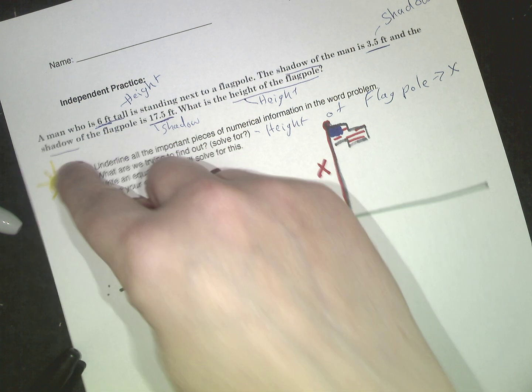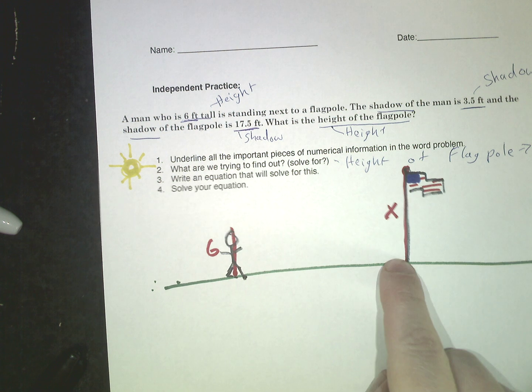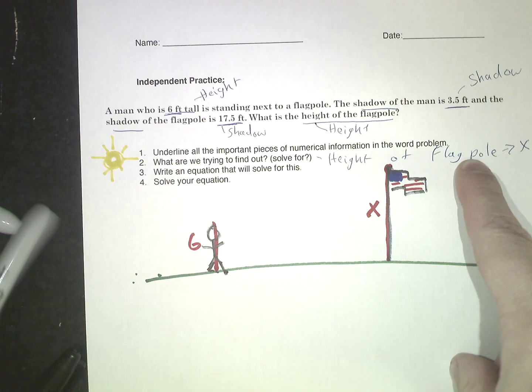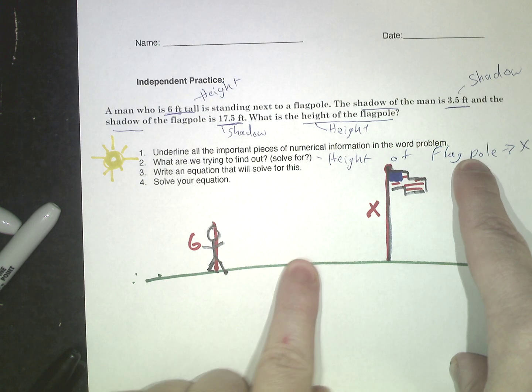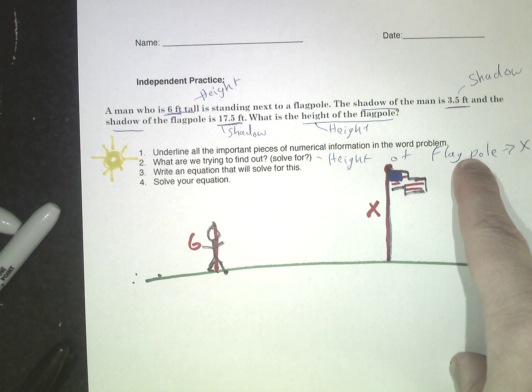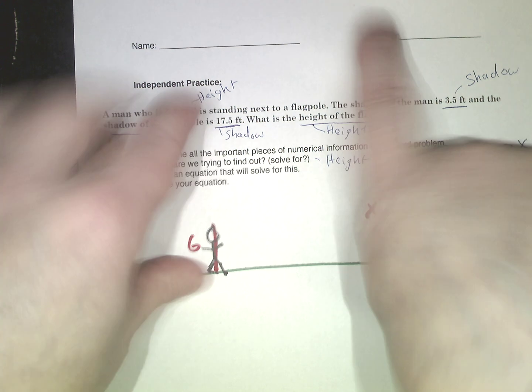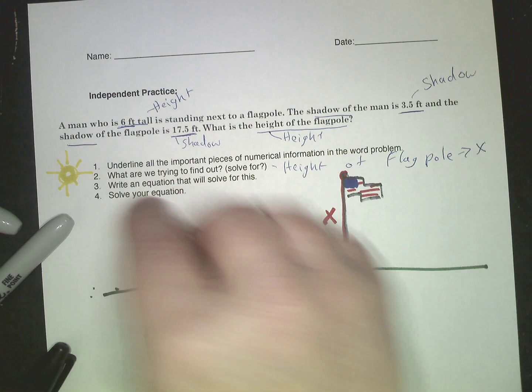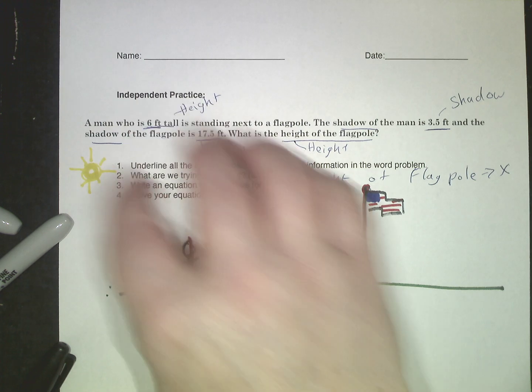So if the light is shining this way, all the shadows are going to be on this side of the objects. Now, if our sun was over here, the shadows would be on this side of the objects. And if the sun was directly above, there actually would be no shadows. Okay? So, in my case, the sun is shining here, the light rays are coming in like this.